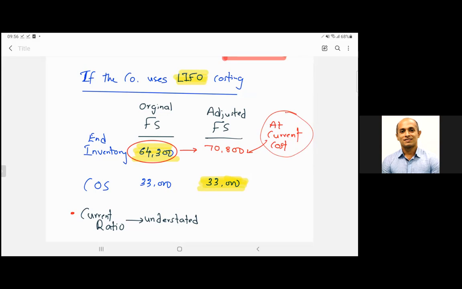Now we have done some examples to understand these points. Then that knowledge, that understanding you have, you'll be applying in your exam.